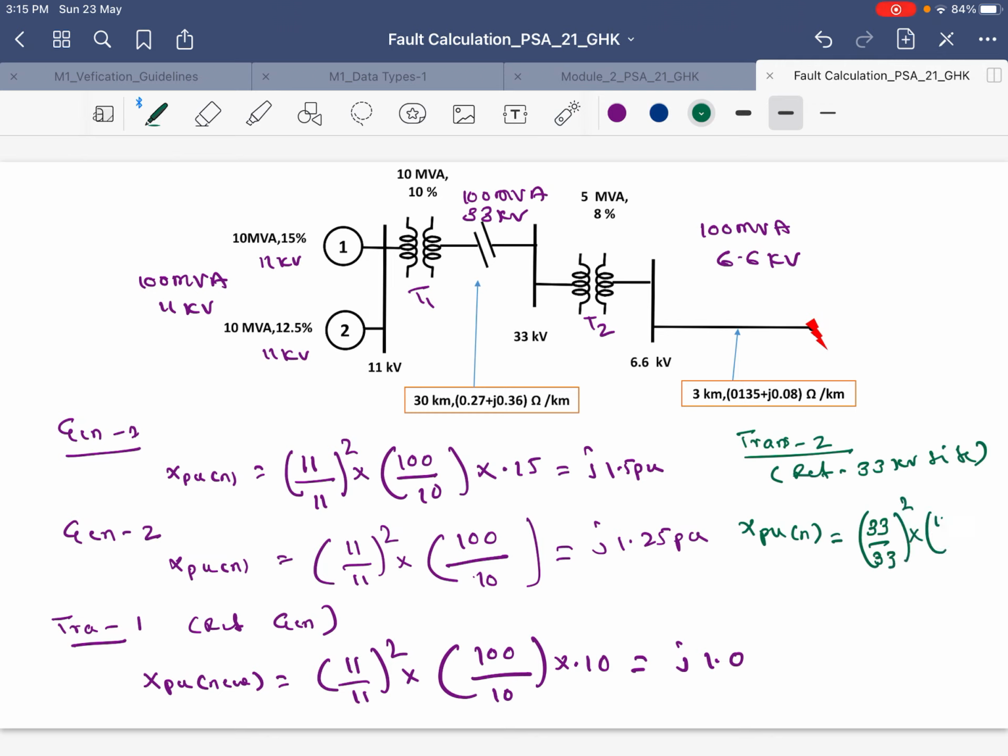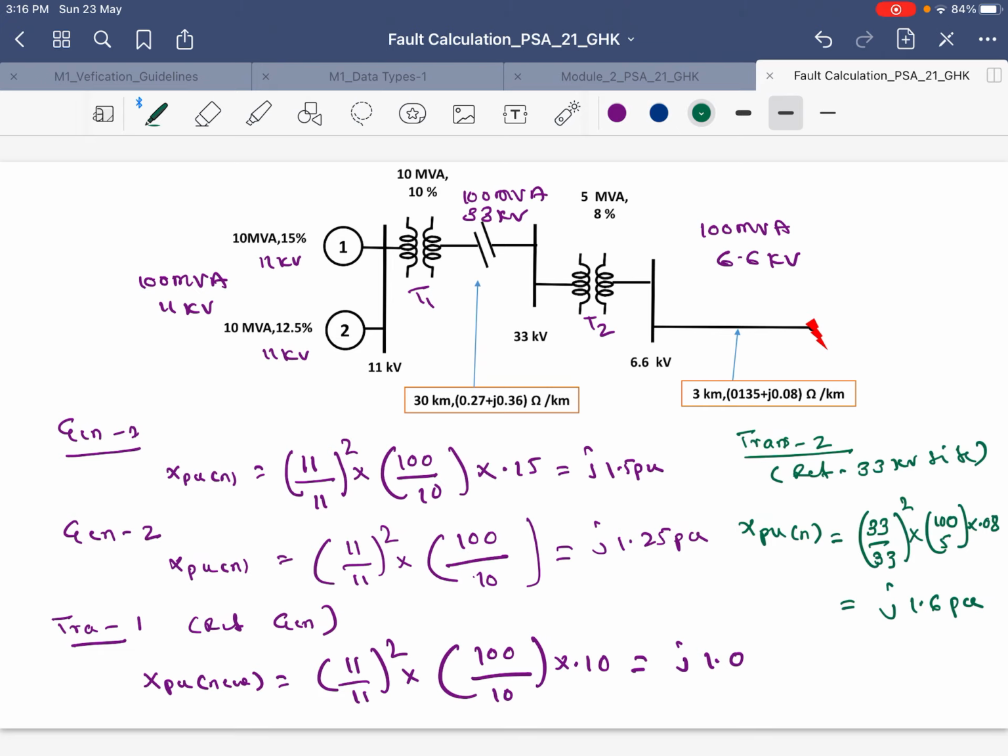MVA new is 100, MVA old is 5, into 0.08 for transformer 2. Then what we are getting here for transformer 2 is j1.6 per unit. These are the reactances of the generators and transformers we are getting.